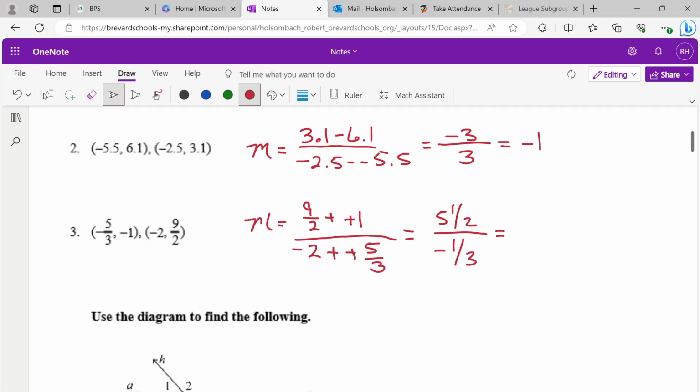So let's divide this and see what we get. 5 1/2 divided by negative 1/3 equals negative 16 1/2. All right, so everybody's good with slope. Y sub 2 minus y sub 1 divided by x sub 2 minus x sub 1.